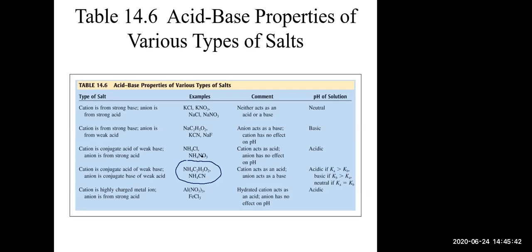We have ammonium acetate. Ammonium, again, comes from NH3, which means it will go through hydrolysis. And acetate comes from acetic acid, which means it could go through hydrolysis. And again, ammonium cyanide: ammonium, again, from the ammonia, which means it goes through hydrolysis, and HCN, hydrocyanic acid, also is a weak acid, and would go through hydrolysis.